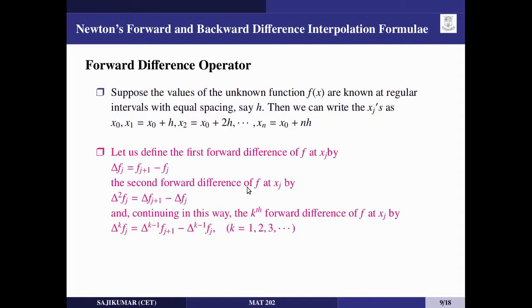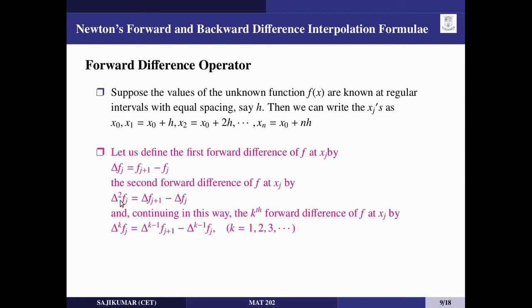Let us define the first forward difference of f at xj by delta fj is equal to fj plus 1 minus fj. That means we move one step forward from fj and evaluate fj plus 1 minus fj. That number is taken as the first forward difference of fj. The second forward difference of f at xj is delta square fj is equal to delta fj plus 1 minus delta fj. That is the first difference of two first order differences.